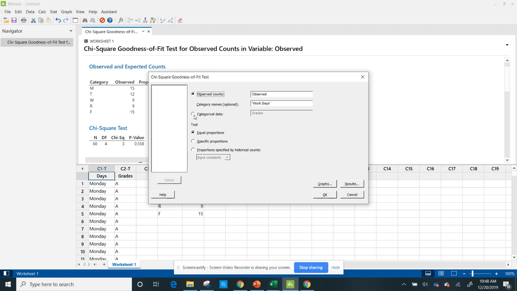So from here, instead of observed, I'm going to put categorical data. So when I hit that, then I go to days. It would not like my work days because it would only see the 5 names. When I hit days, again, it is all my raw data. Again, I do equal proportions and I hit OK.